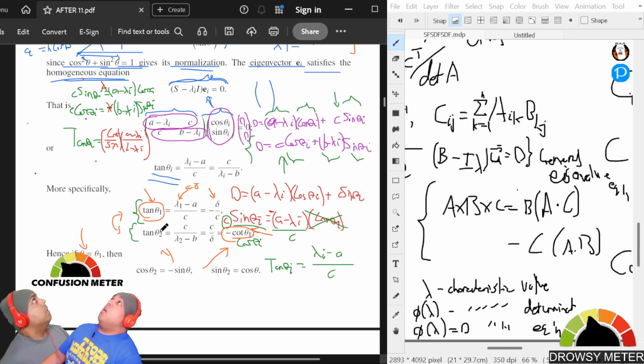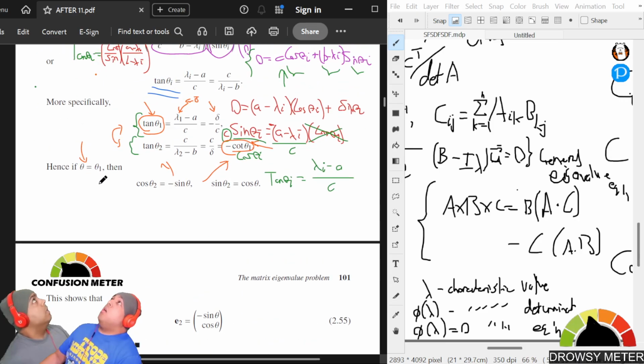Is theta 1 not the same as theta 2? I was under the impression that all of these were I, all the same thing. Tan theta 1 is sine I over cos I. Let's just see where they're going with this. If theta equals theta 1, then cos theta 2 equals minus sine theta.